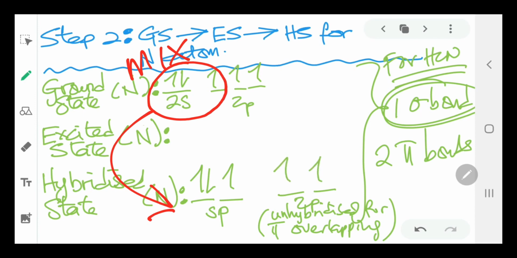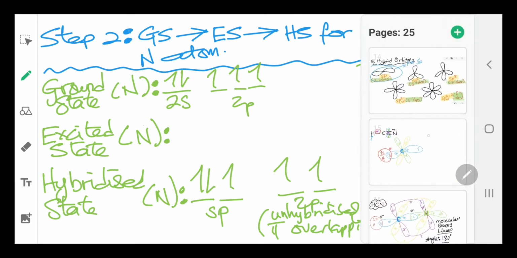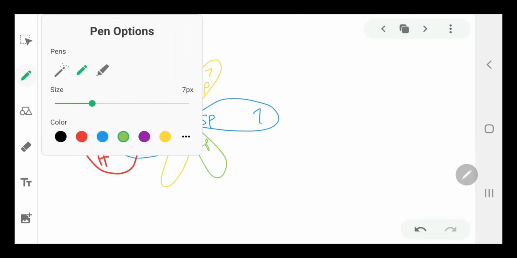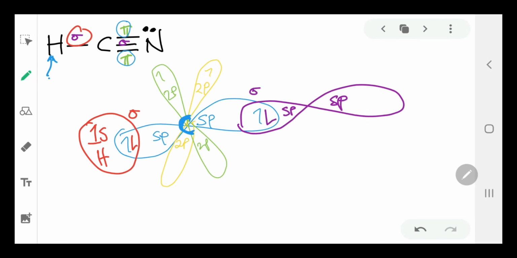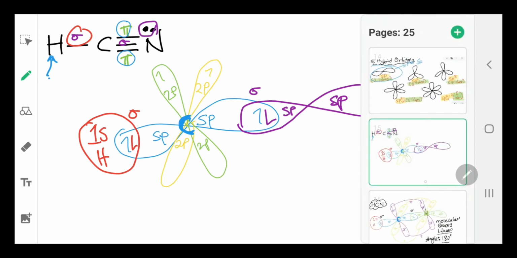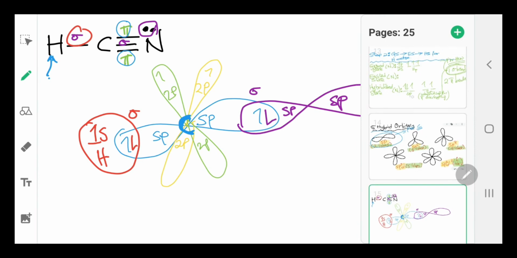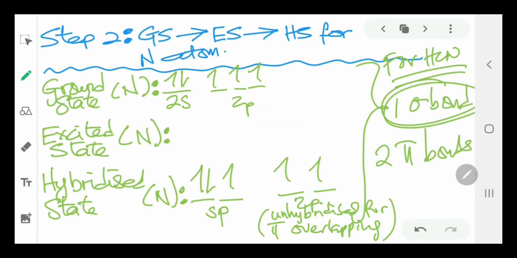Okay, so the shape for sp is like this. So that one is sp orbital, sp orbital. You have overlapping over here. You can do it like that. And remember, you have 1 lone pair. And when you look at the explanation over here, you have 1 lone pair over here.